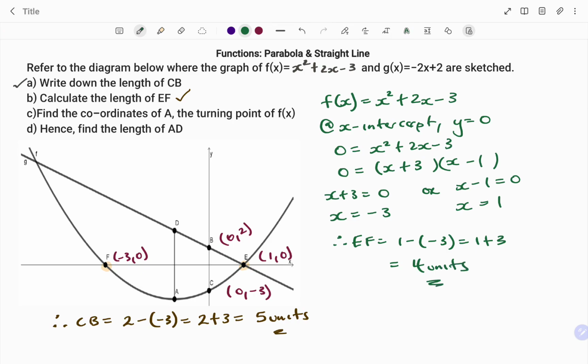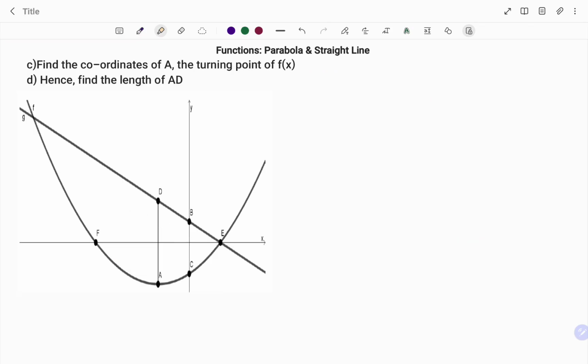The next question says, find the coordinates of A, the turning point of f of x. To find that, we have the equation of the parabola, f of x equals x squared plus 2x minus 3.